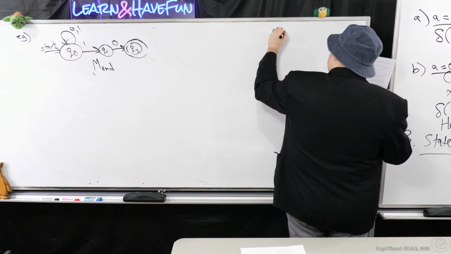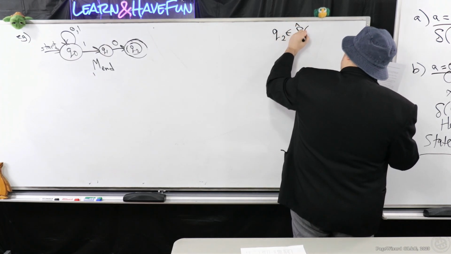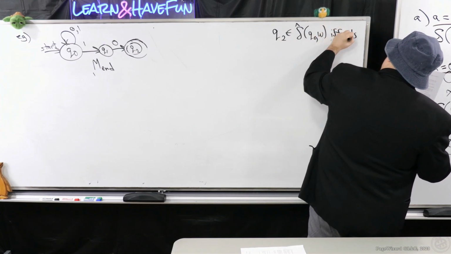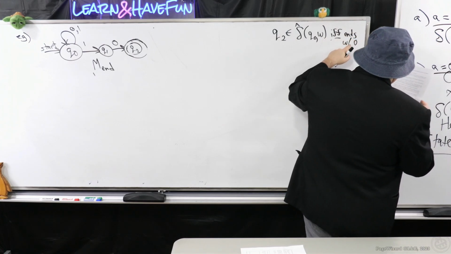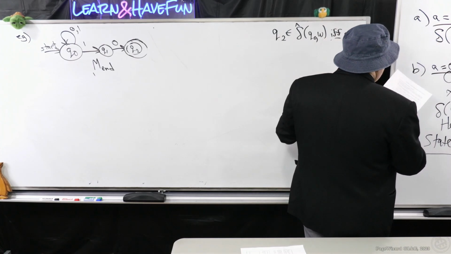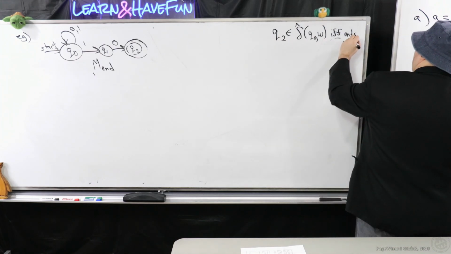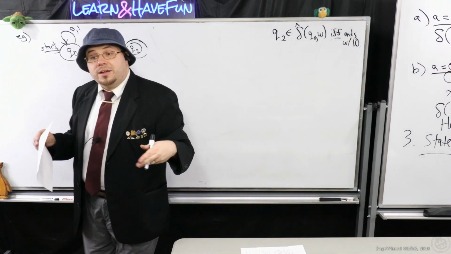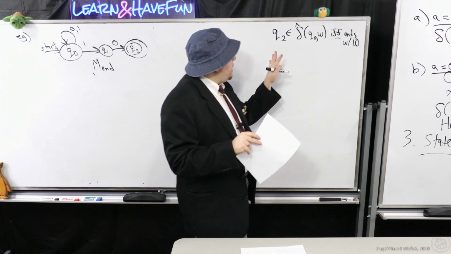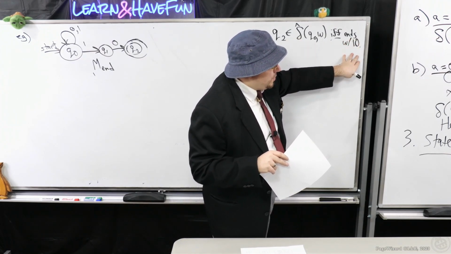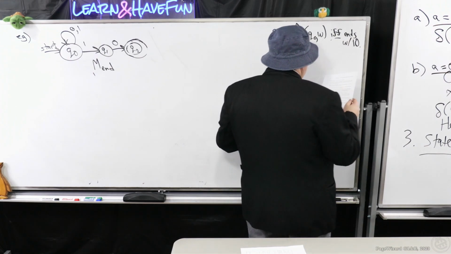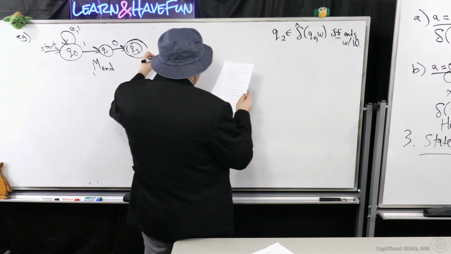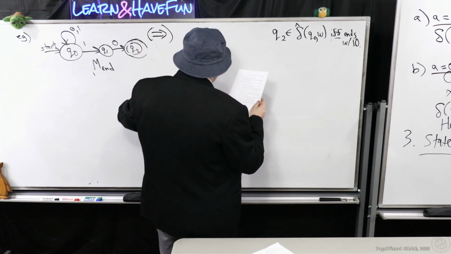Q2 is in delta hat Q0W if and only if it ends with 1, 0. To prove a two-directional proof here, I can start with this and work to get this, and then I can work from here to get this. So we're going to prove this direction of the proof first.